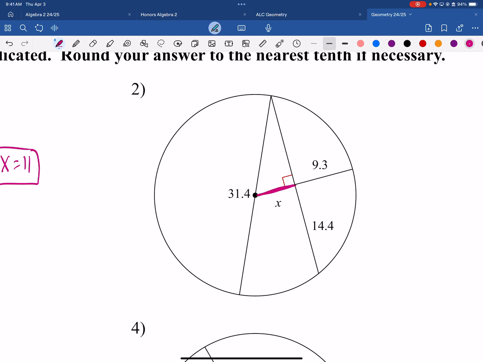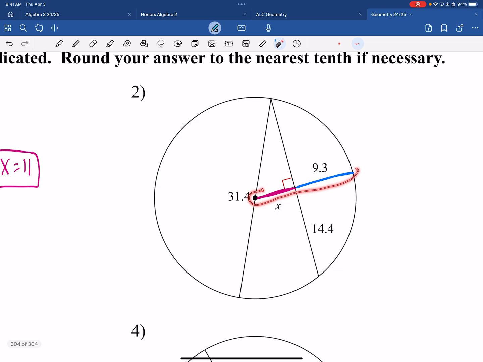I know this part of it is 9.3. But what I also recognize is that this whole thing right here is a radius. So if I can find the radius and then subtract 9.3 from that radius, because I already have 9.3 of it, I can find the value of x.